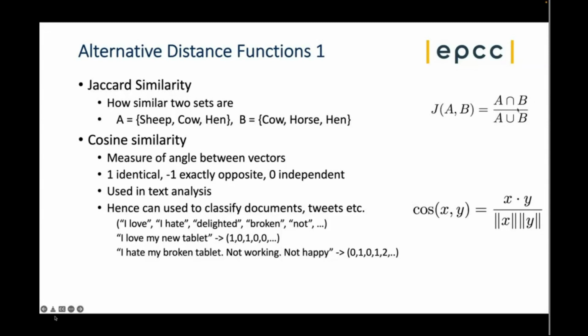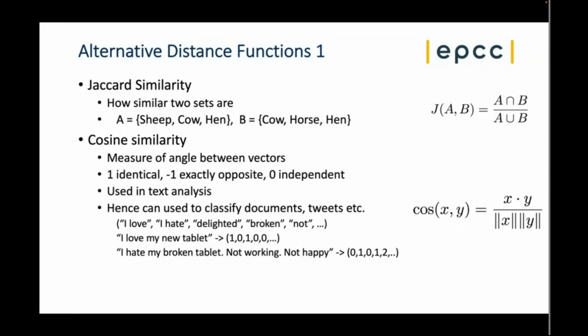So you can see that if they had exactly the same things in common, this number would tend towards 1. If they had nothing in common, it would tend towards 0. So that satisfies the kind of thing that we want from a distance function. So similarity and distance are just kind of reciprocal of one another.